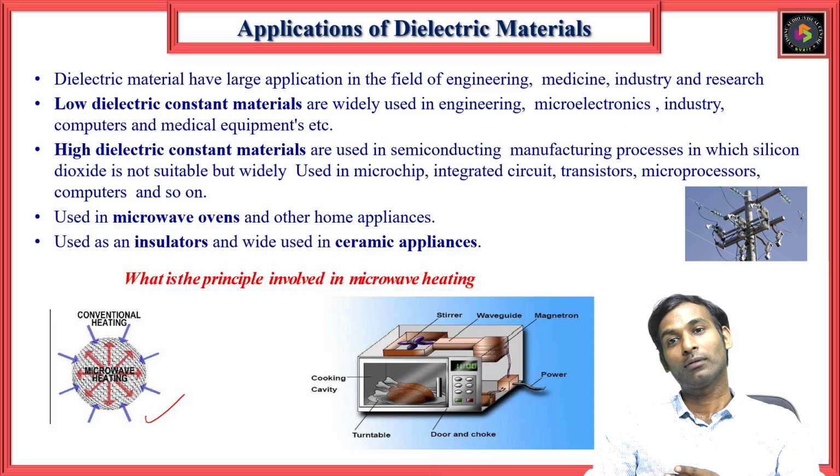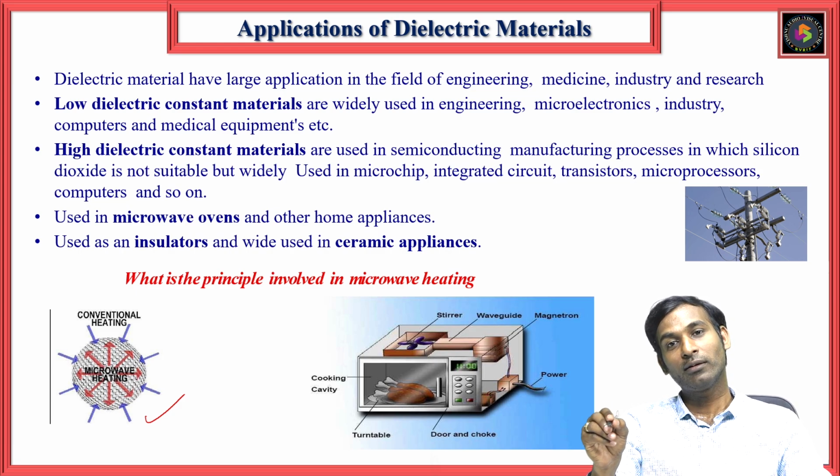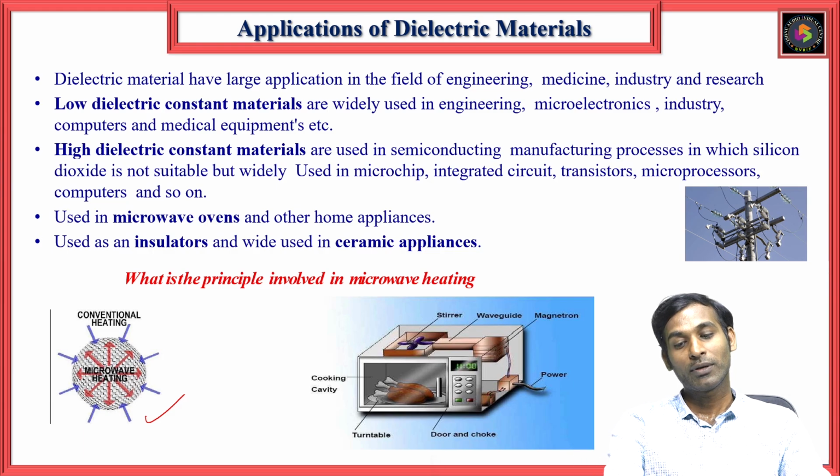There are n number of dipoles in the material, and there is friction in the material. That friction is responsible for dielectric heating. That means the energy is released in the form of heat. So the principle of the microwave oven is dielectric heating only.